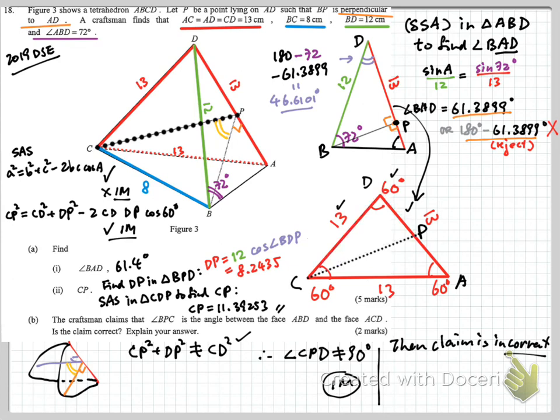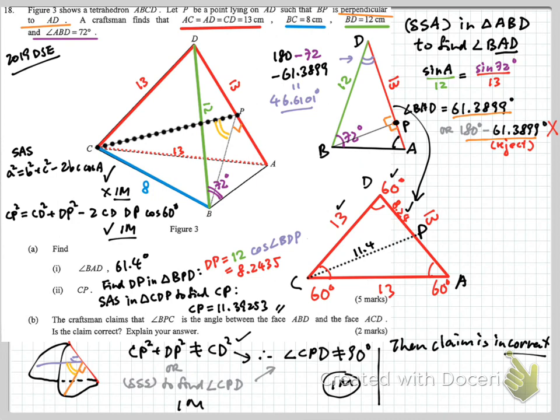Alternatively, because you have CP, which is 11.4, and DP, which we just found, is 8.24 something, you can use the triple S cosine formula to find angle CPD.